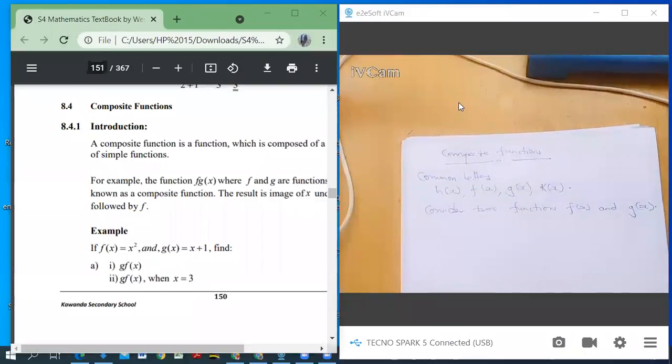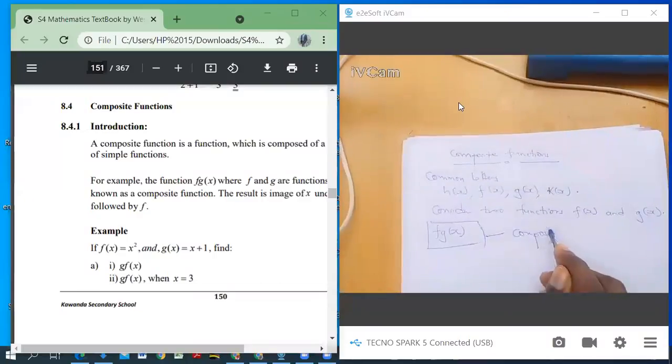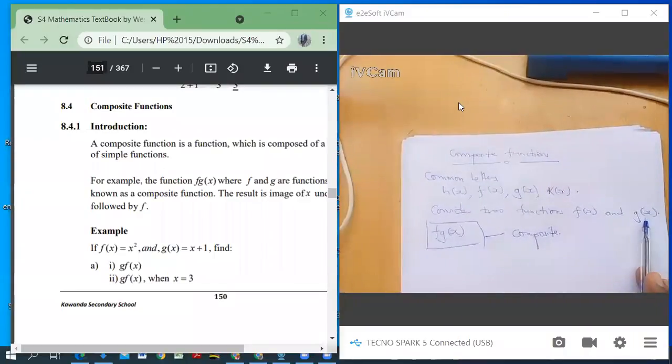If I combine them together to form a composite function, then it will be written as fg of x. This is a composite function of f and g, but the function is defined by x.